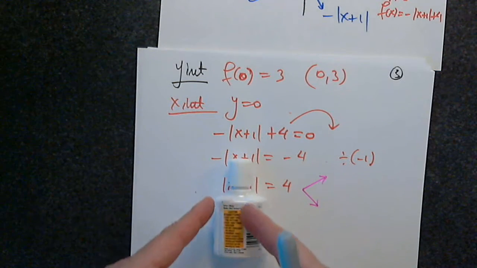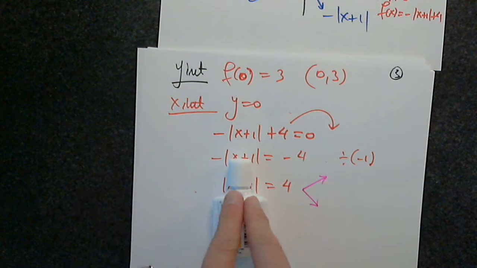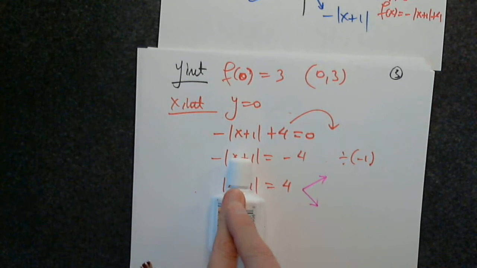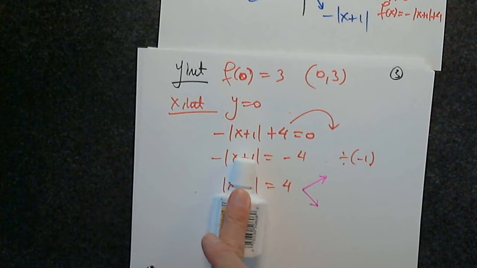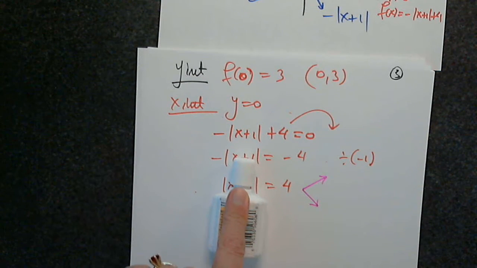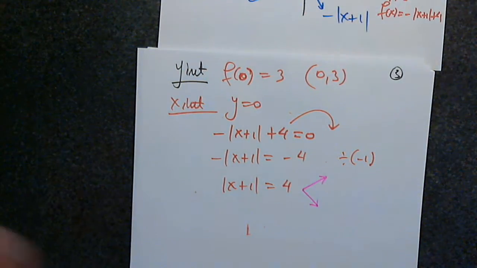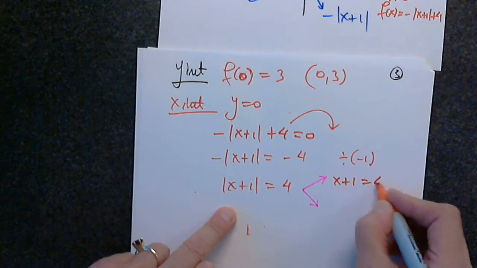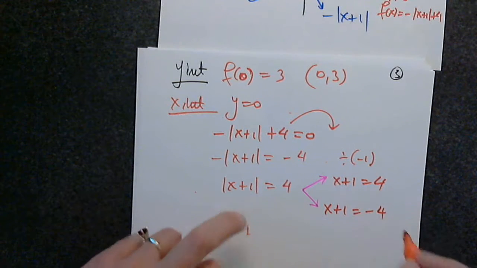No, because the absolute value of -3 is not 4. What should I have here inside? What could this be for the answer to be 4? 4. Or, very good, Morgan, there is one other number whose absolute value is still 4. Which number? -4. Excellent. So x plus 1 could be 4, or x plus 1 could be -4.